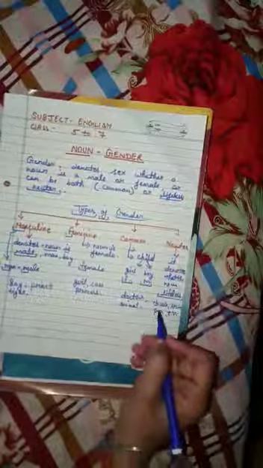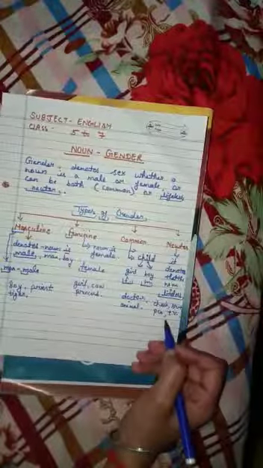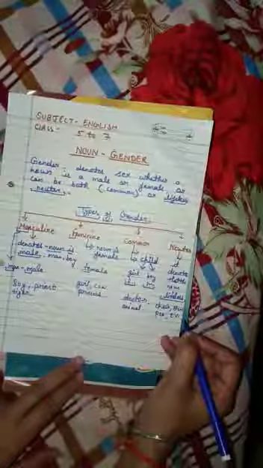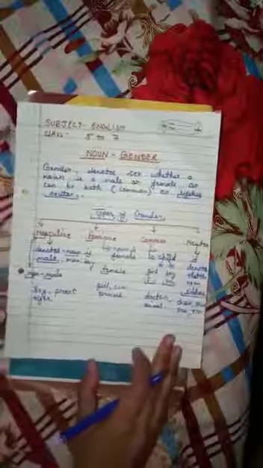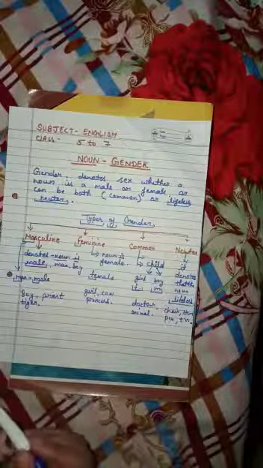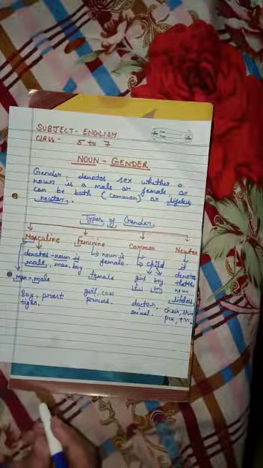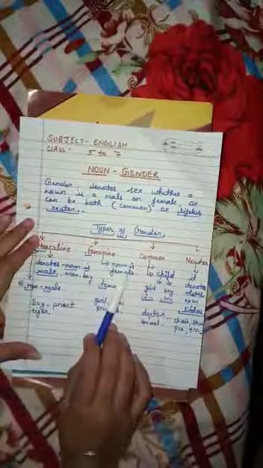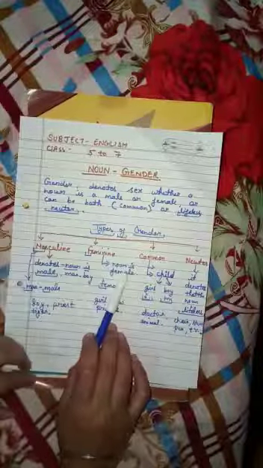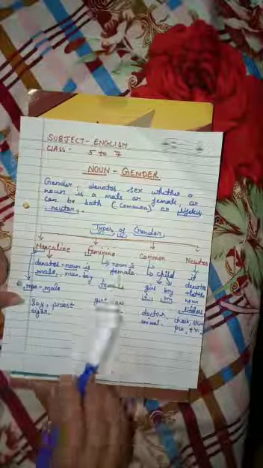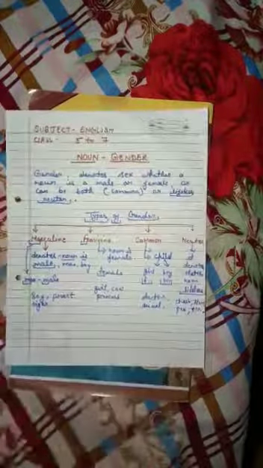Like for example, chair, star, desk, doll, sky, pen, television, etc. Now children, all of you have to read about what is a noun, gender and types of gender, and then we have to move on to the transformation of masculine gender into feminine gender. Okay.